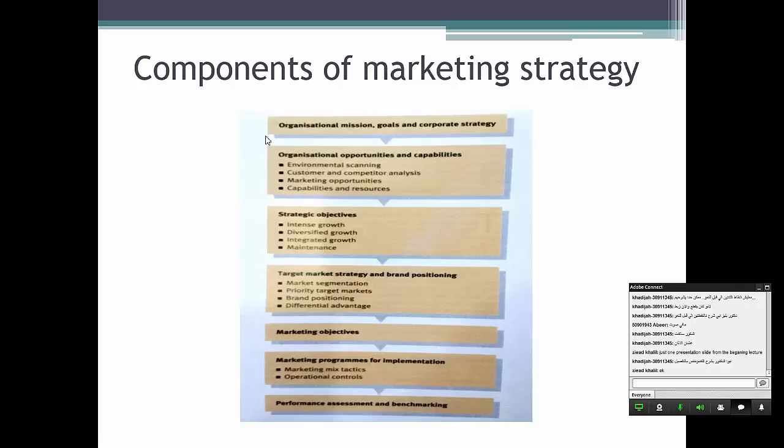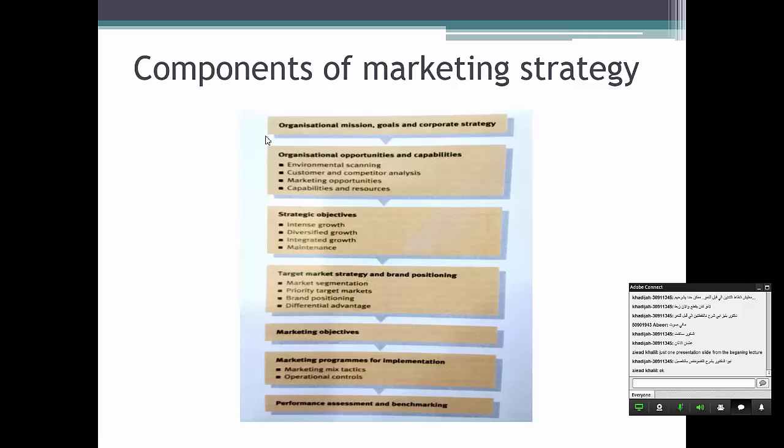Whether you are aiming to give some knowledge about the products to the customers, to give them an idea, or, for example, to increase your customer base. Each marketing objective has different tactics or different programs.